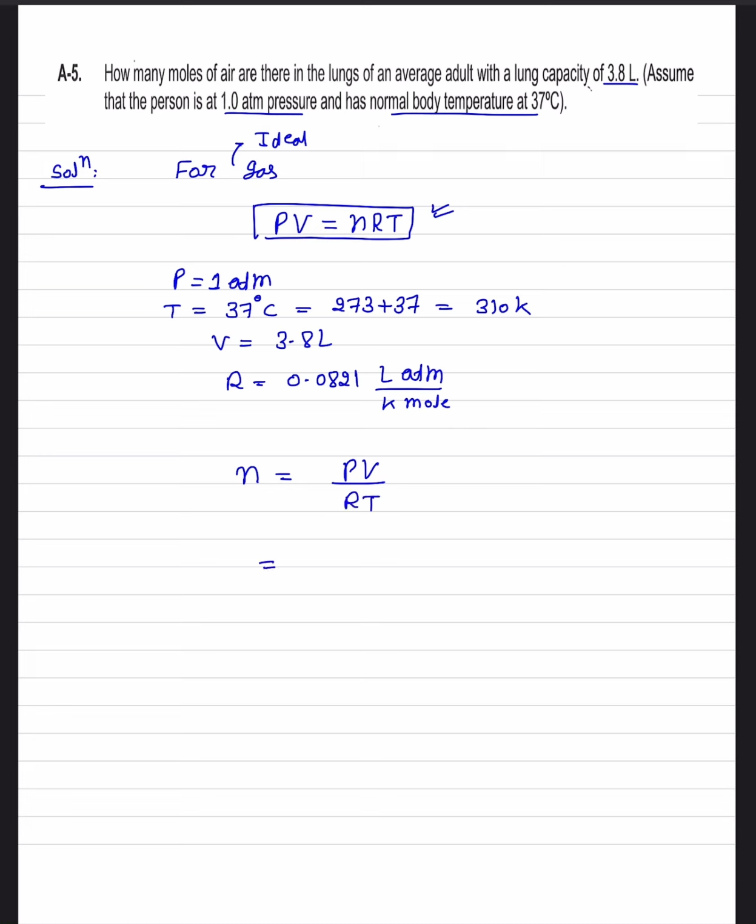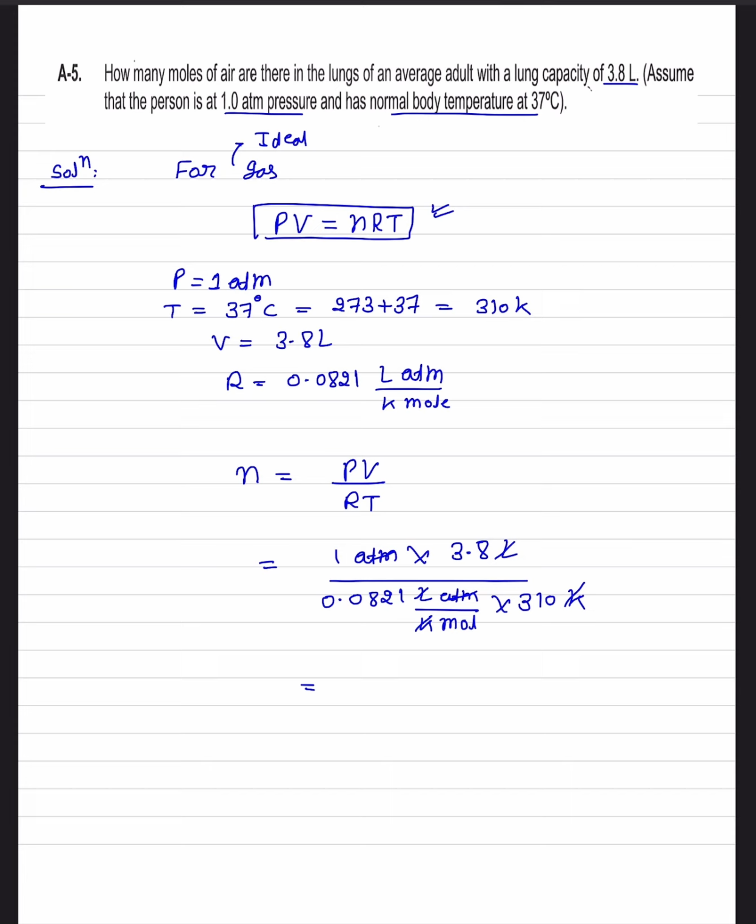Just substitute the values. Pressure is how much? 1 atm. Volume is how much? 3.8 liter. Divide by the R value, 0.0821 liter atm K inverse mole inverse. Temperature is 310 Kelvin. Kelvin to Kelvin cancels out, liter to liter cancels out, atm to atm cancels out, and mole will remain.